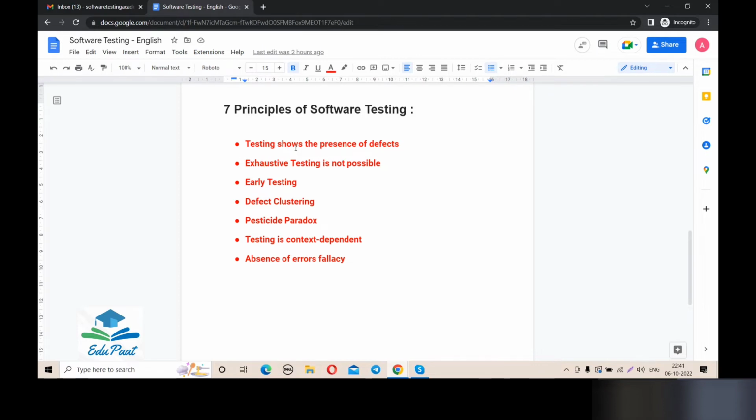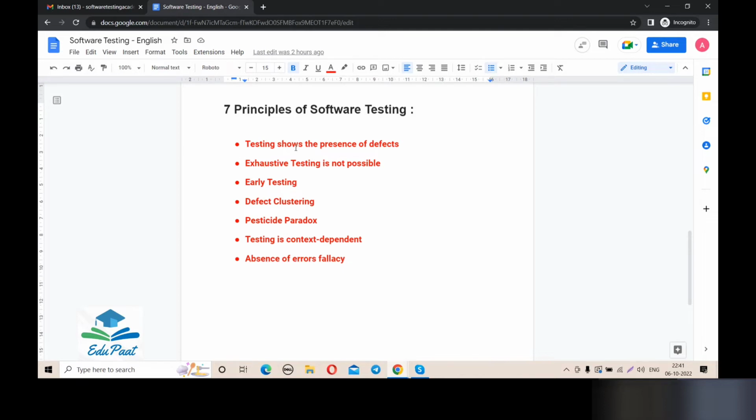Now I'm jumping to the third point, that is early testing. In software development, early testing means incorporating testing as early as possible in the development process. What does it mean? Suppose we test the requirement before coding starts.